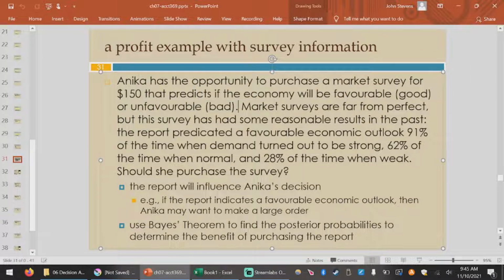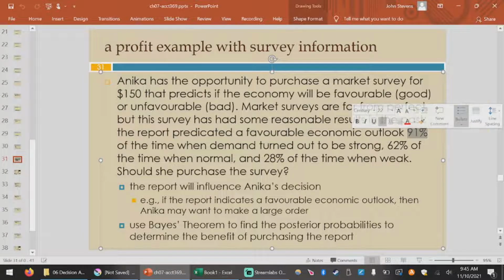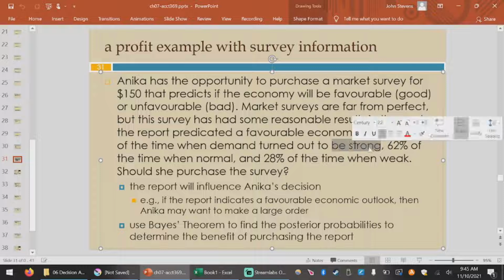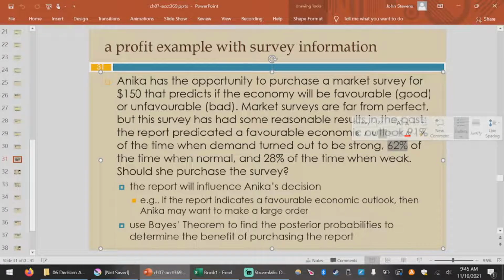Okay, and it is not perfect, right? It can predict favorable 91% of the time if the market is strong. If the market is normal, it'll say favorable 62% of the time, a little closer to 50-50.